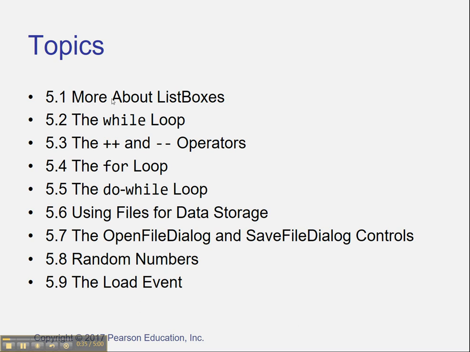In the previous chapter we looked at list boxes, and in this chapter we're going to look at how we can use them as output devices rather than just static information in a list box, but we'll also have to use a list box to dynamically add and change items.